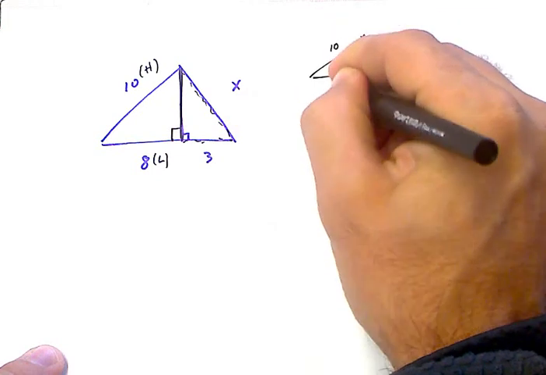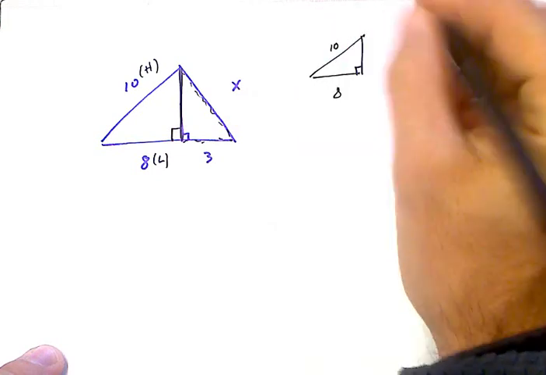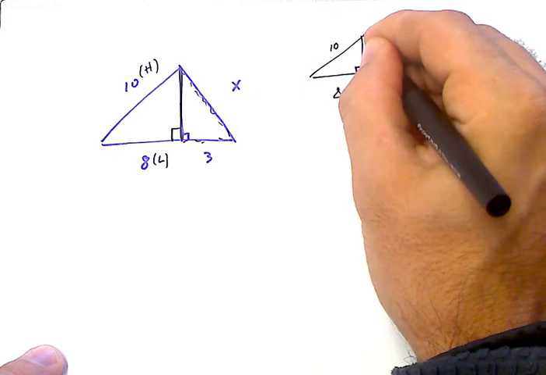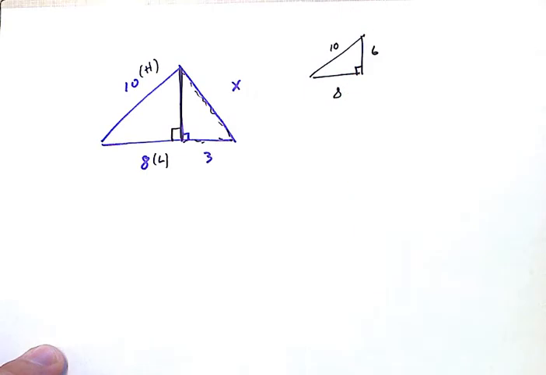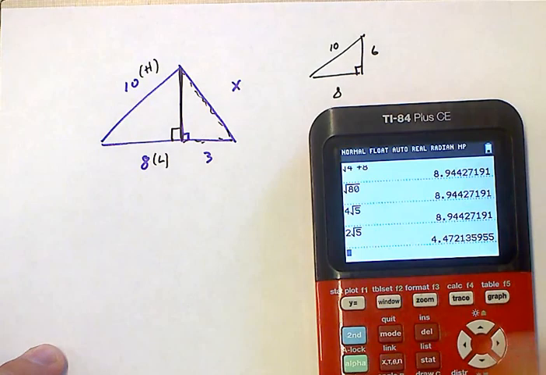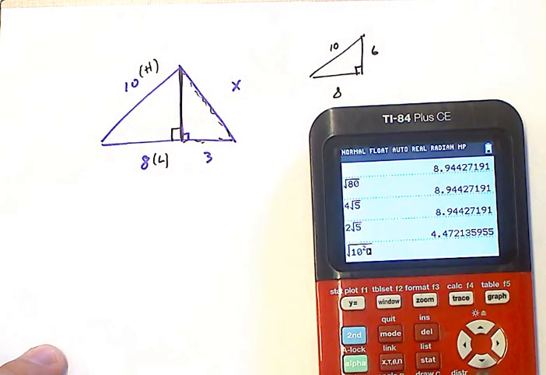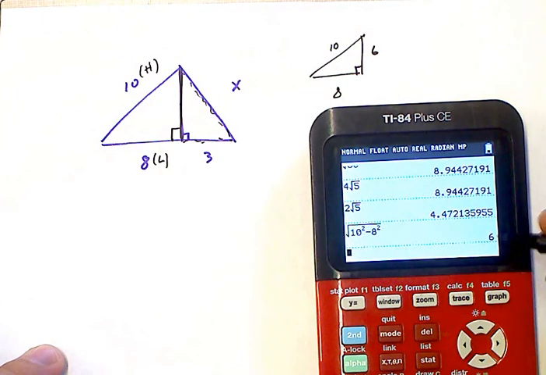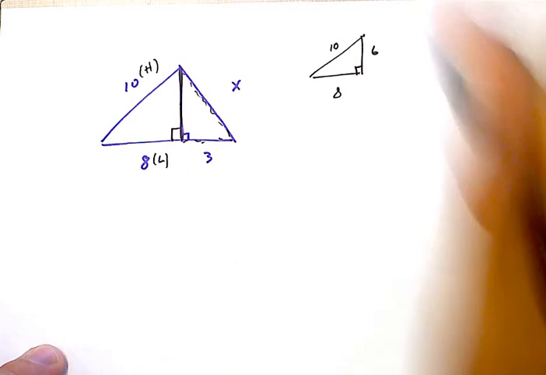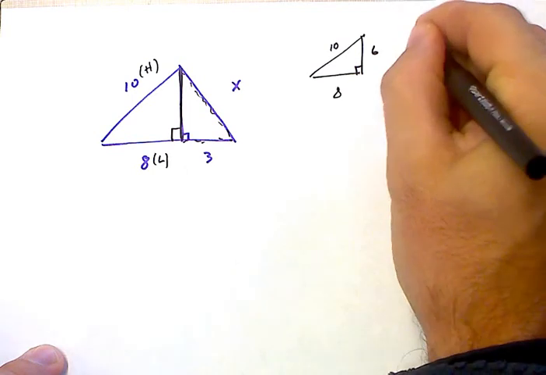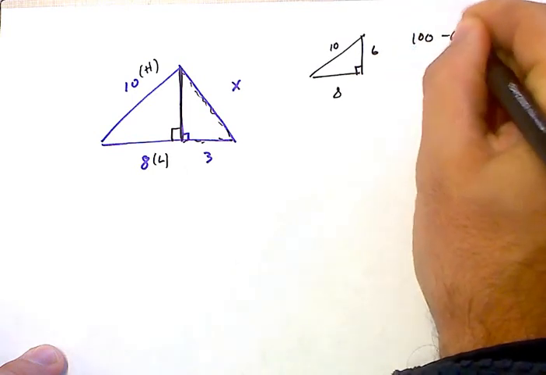Now I know from my Pythagorean triples that this side is actually a 6. One way I could quickly get that is I could say second square root 10 squared. I know I'm solving for a leg, so I know I'm subtracting 8 squared, and I could get a 6. Basically what that did is it took the 100 minus the 64 and gave me a 36, square root of 36, 6.